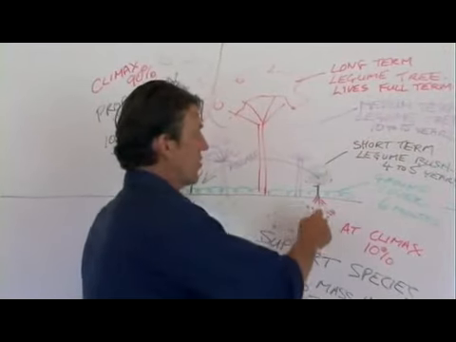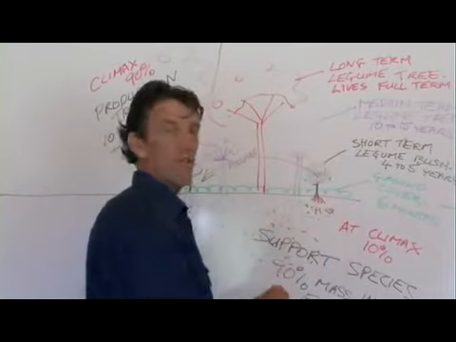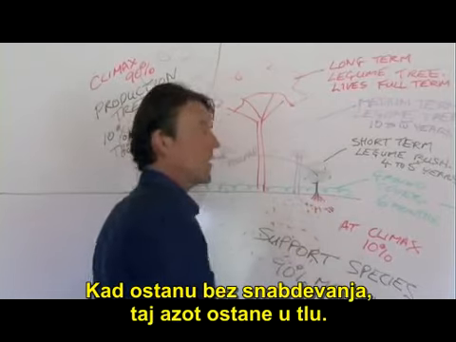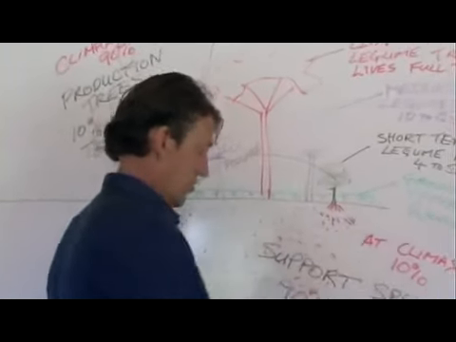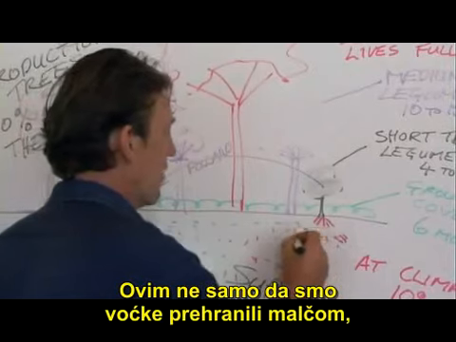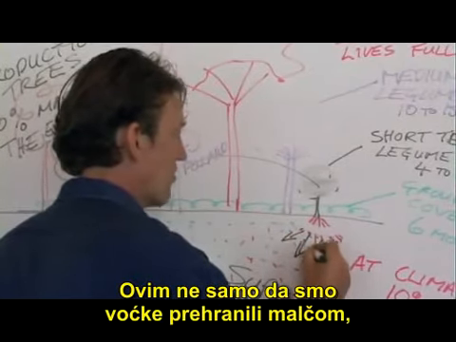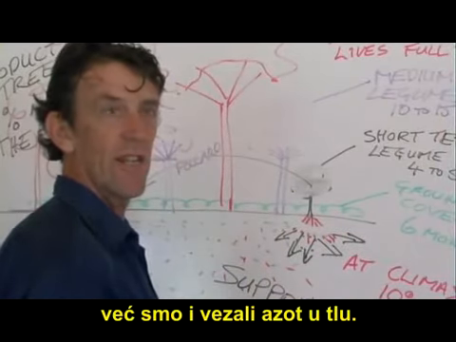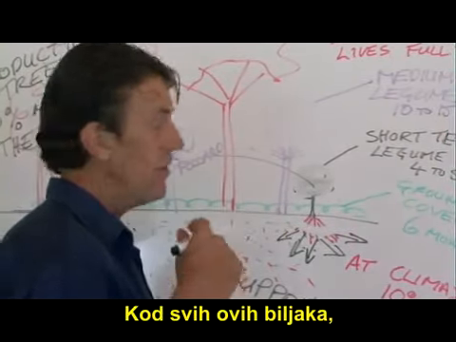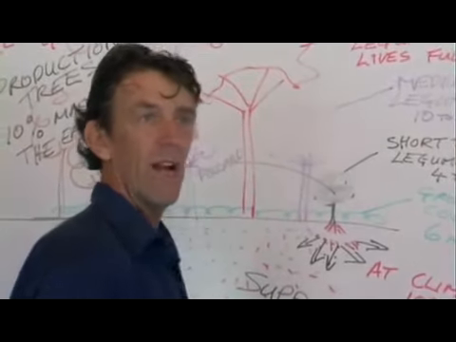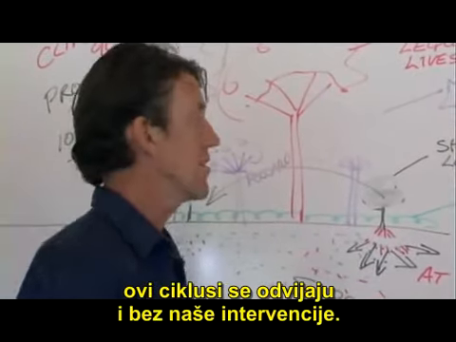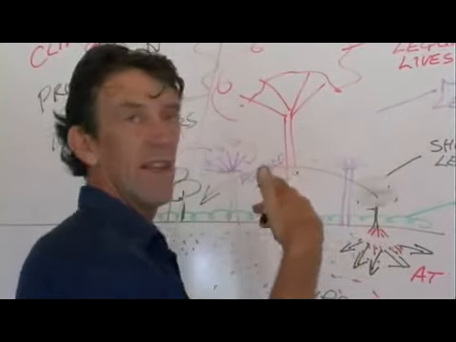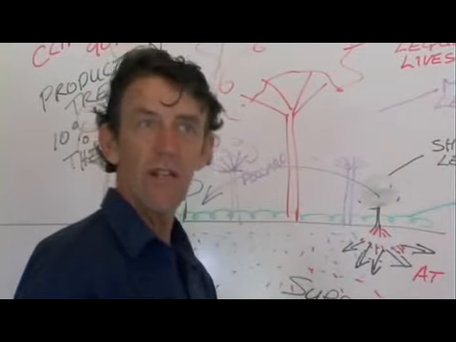And those nodules of nitrogen fixing bacteria are living on those roots. And when you cut off the starch supply, that nitrogen drops off. And you now, not only have you mulched the trees with nitrogen rich mulch, you've actually fixed nitrogen into the soil. All this happens in nature around the life cycles of these elements, the short term, the medium term, the long term. They're all cycles that are going on anyway.